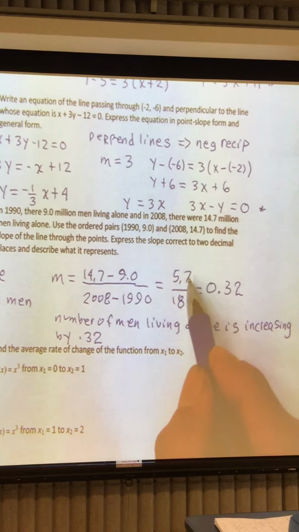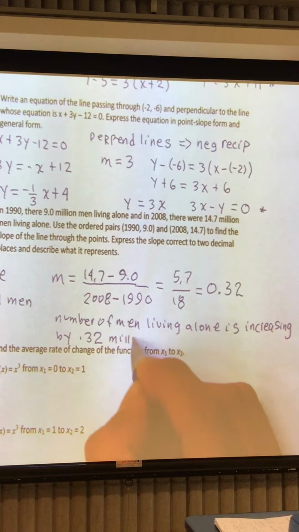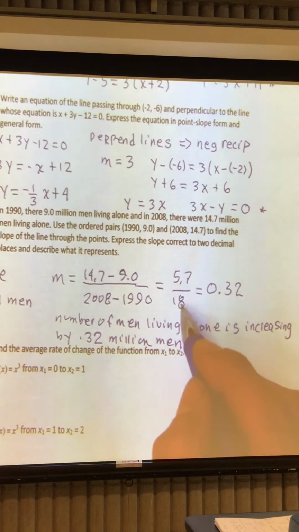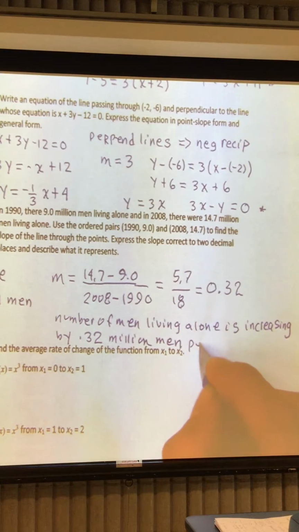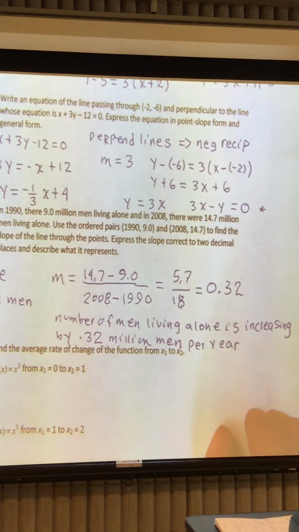The units are the units for the function, which are million men, divided by the units for the variable, so we'll say per year. The number of men living alone is increasing by 0.32 million men per year, or we could say 320,000.